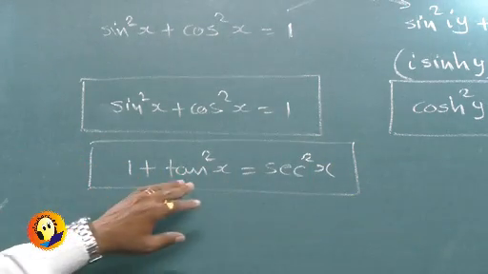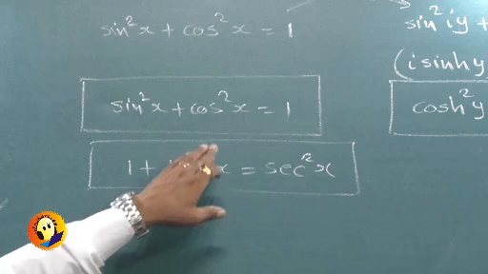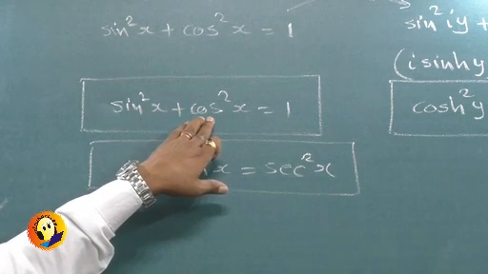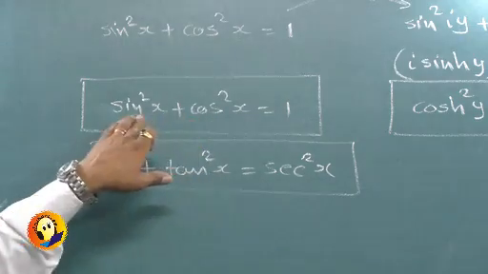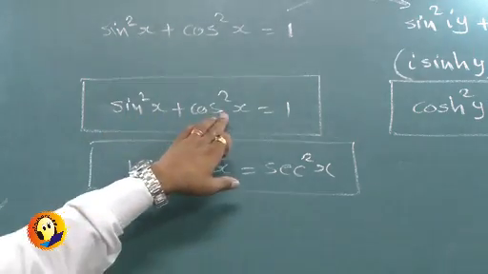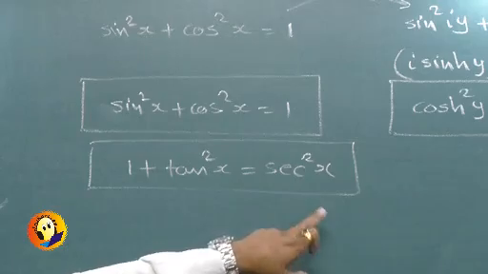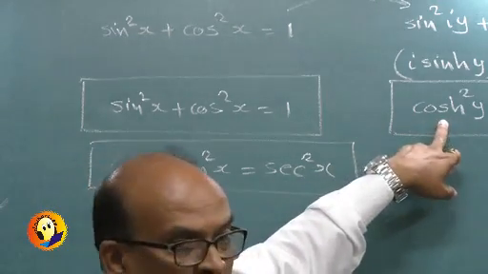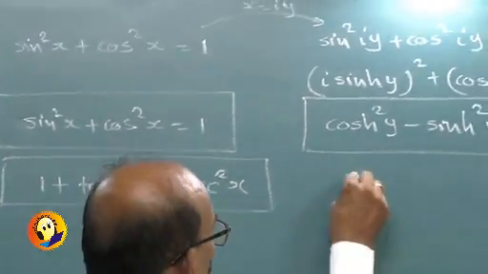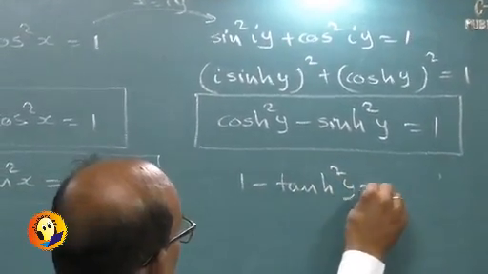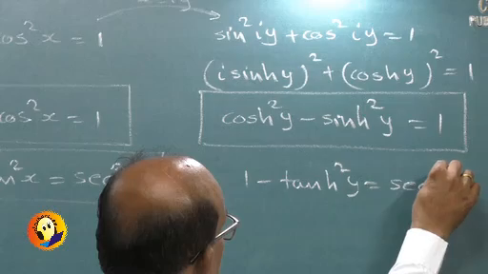Now how did we get this? We obtained this by dividing throughout by cos square. So it was sin square upon cos square, that is tan square, plus 1 equal to 1 upon cos square, so sec square. So here also we will divide throughout by cosh square, which will lead to 1 minus tanh square y equal to sech square y.